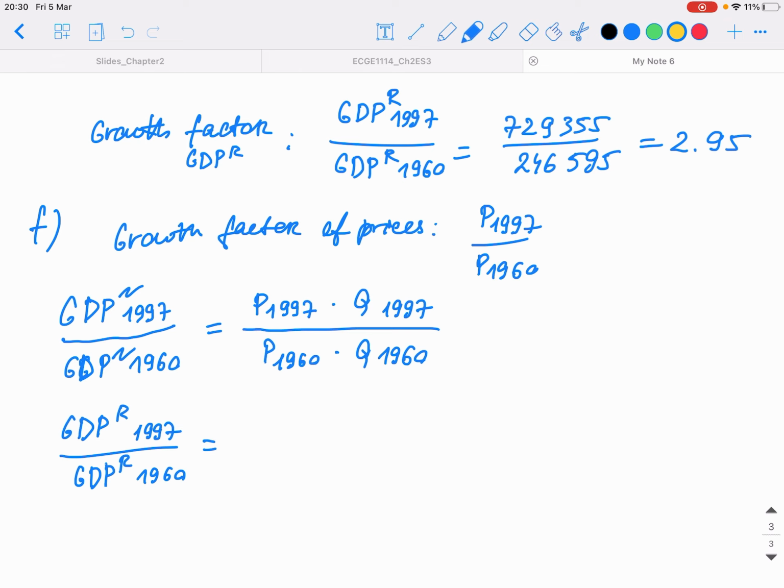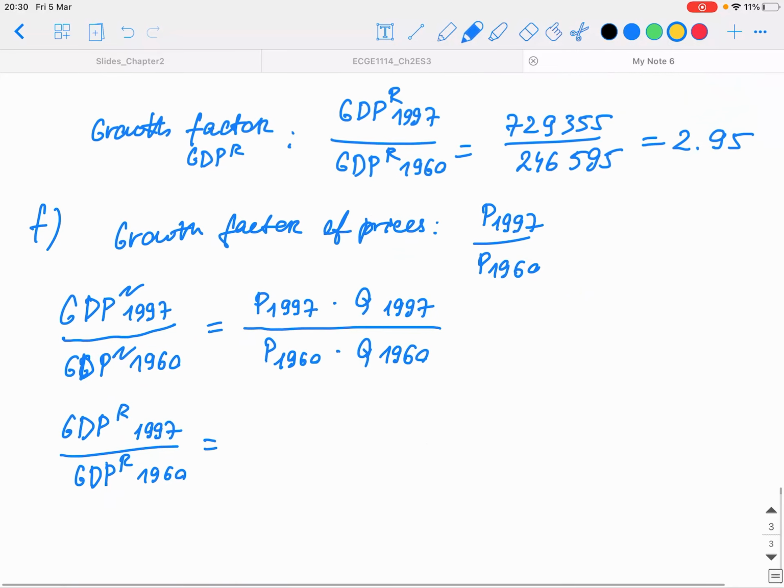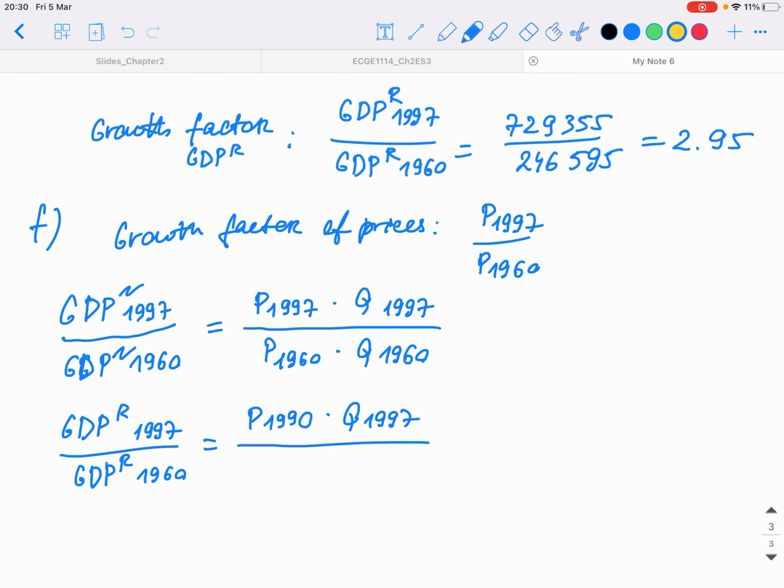So that's the growth factor of GDP over the whole period that we found in D. Here again we can represent it: we know that it's real and evaluated at prices of 1990, so we have prices of 1990 in the calculation of this GDP.